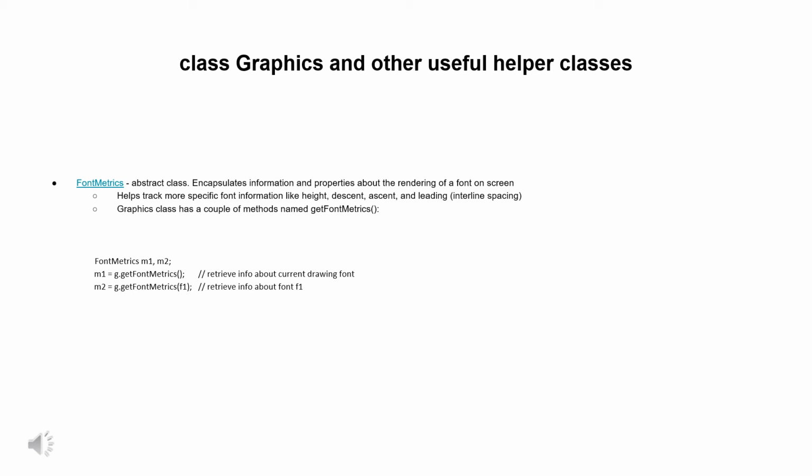FontMetrics. This abstract class encapsulates information and properties about the rendering of a font on a screen. It helps track more specific font information like height, descent, ascent, and leading. The Graphics class has a couple of methods named getFontMetrics.